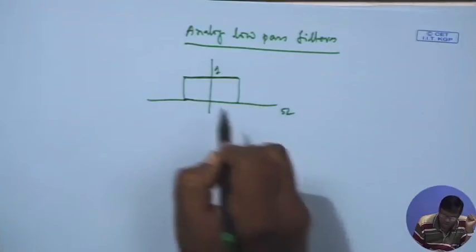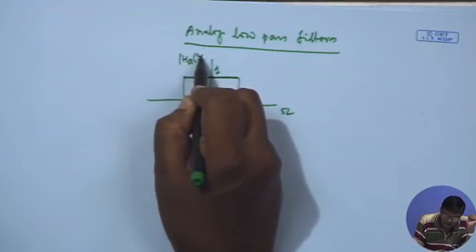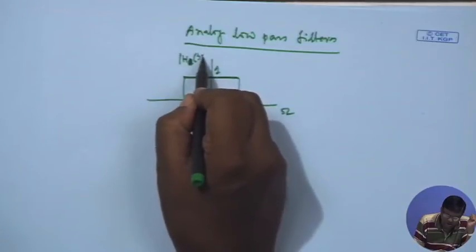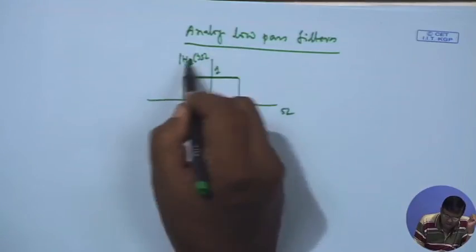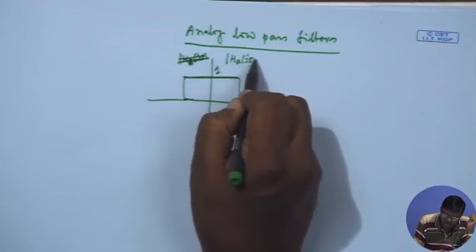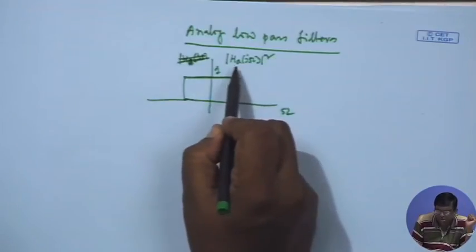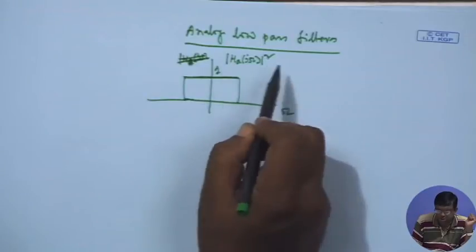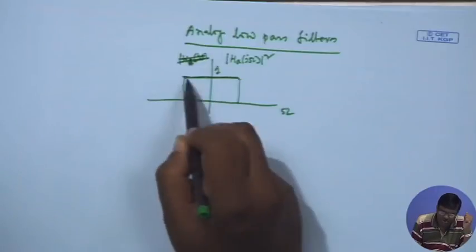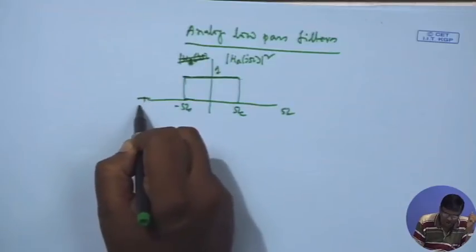This is omega, this is mod H A. I am dropping the index A here, or maybe today I require analog and digital both, so I bring back H A. Okay, so the magnitude of the Fourier transform, that is the transfer function, the Fourier transform of the impulse response, take the mod of that, either you square it or keep it as it is. It should be flat within the pass band minus omega c to omega c. Omega c is called the cutoff frequency.